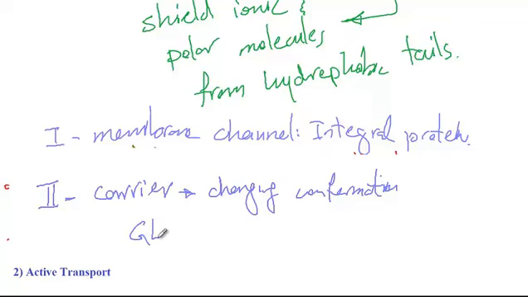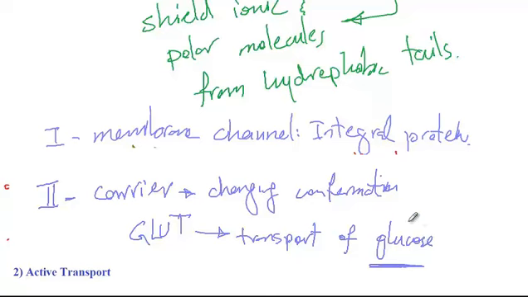For instance, GLUT, which stands for glucose transporter protein, is a carrier protein that will allow transport of glucose and other hexose sugars through the plasma membrane, because these molecules are too big to diffuse through the plasma membrane by themselves, so they need the help of the carrier protein.